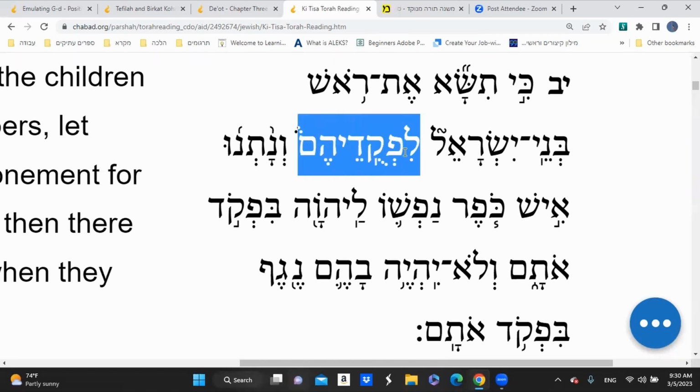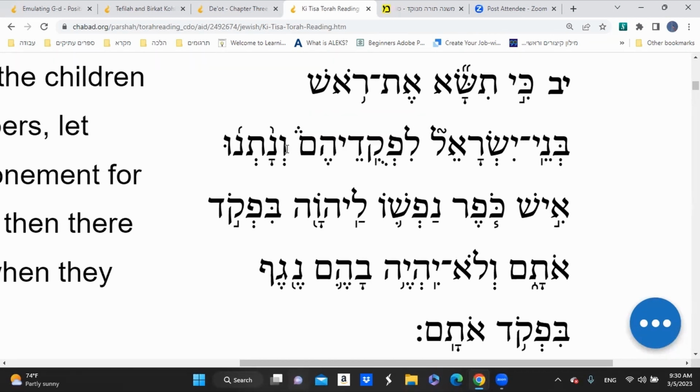Lifqudehem. Wanathanu Ish Kefa Nafsha Ladonoi, and not La'adonoi. Ladonoi. Bifqad Athom. Vela.